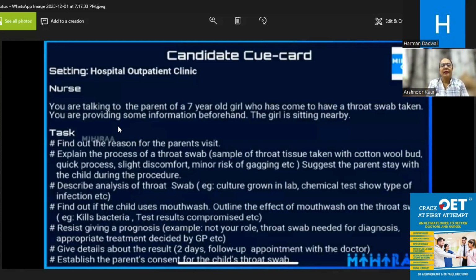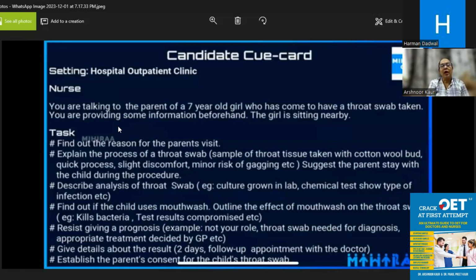In this case, there might be some slight risk, discomfort, pain, and if the child does not cooperate with us, in that case, we have to face some problem. Then it might be the risk of gagging. So in this way, you may answer the question of the patient.